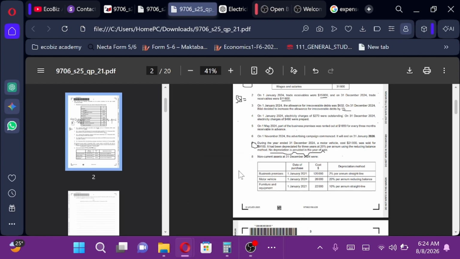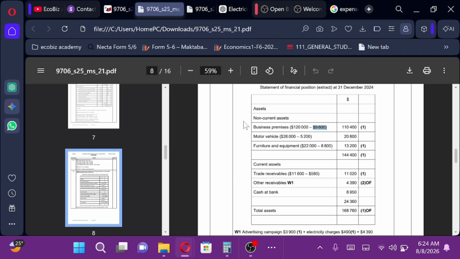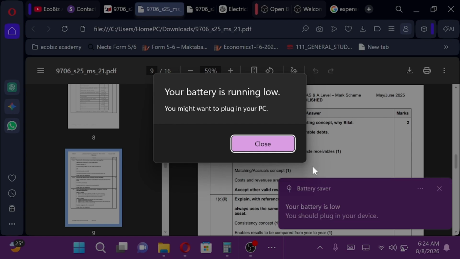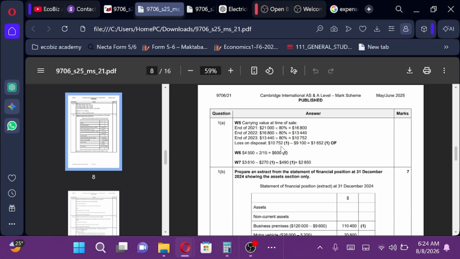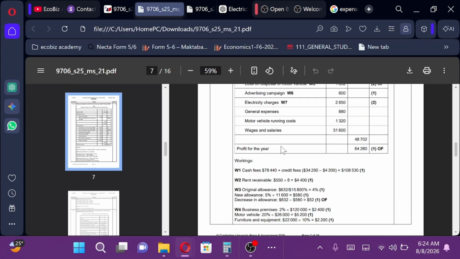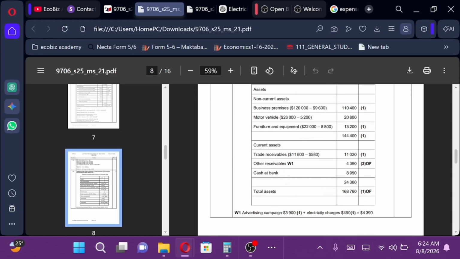Okay guys, so this is how we solve it. So we're going to find the business premises, which is 9,600. So you see here, it says 9,600 business premises.